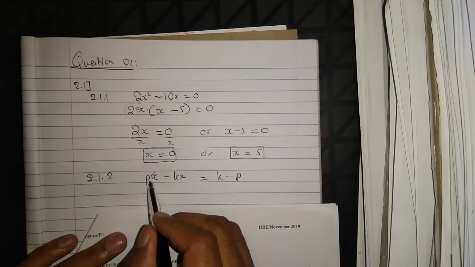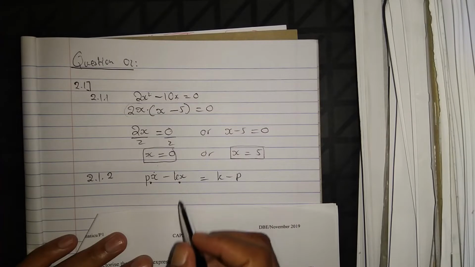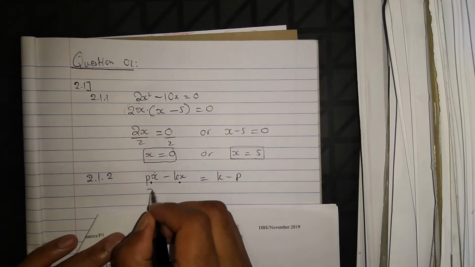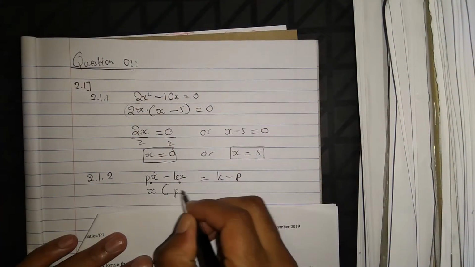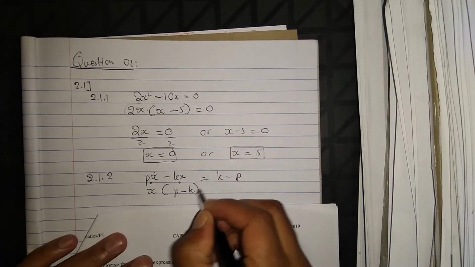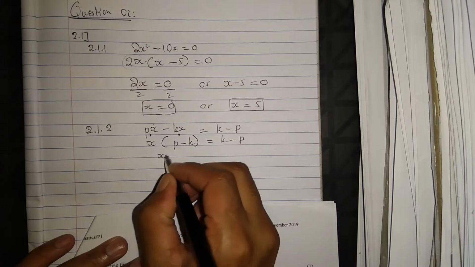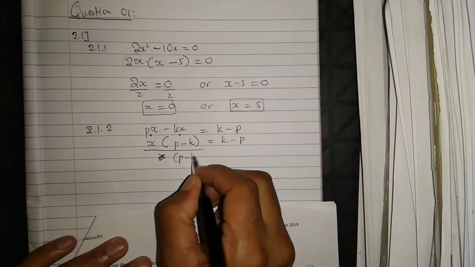Now since x is common for this term as well as this term, it means that x will be a common factor. Let's take out x as a common factor. So we are left with p minus k equal to k minus p. So therefore x, okay, I think we are dividing both sides by p minus k.